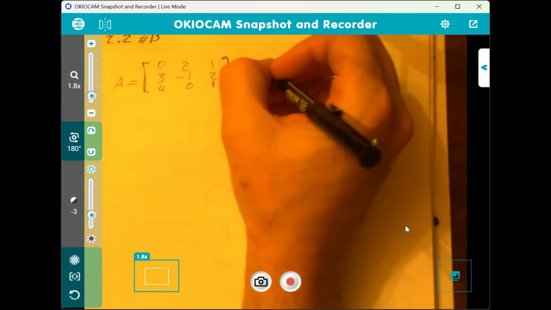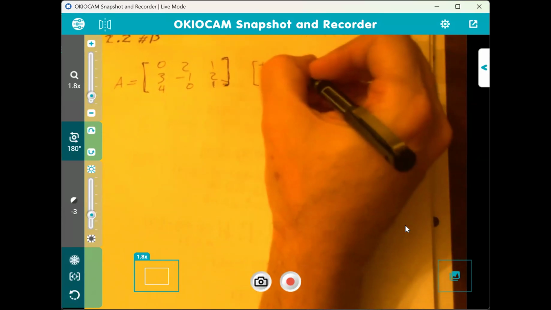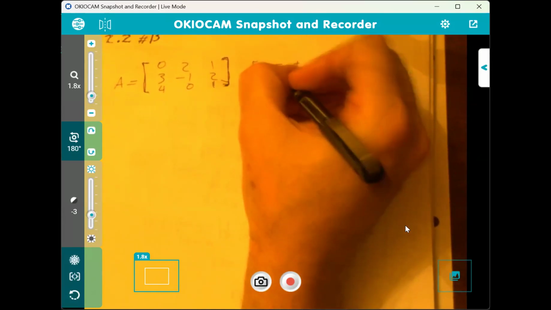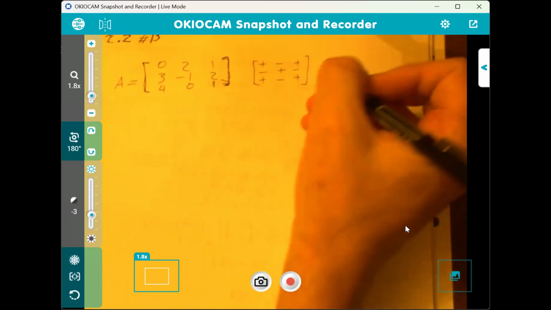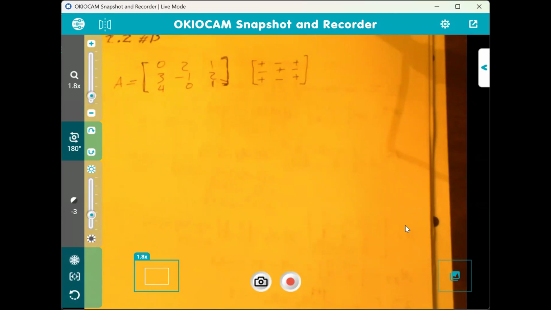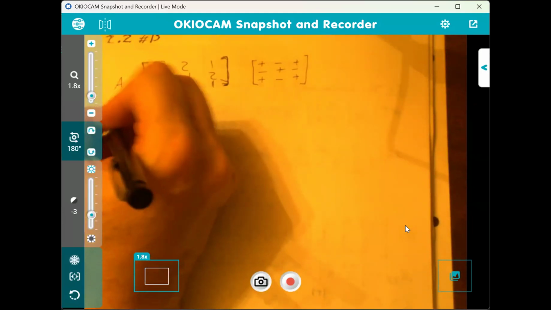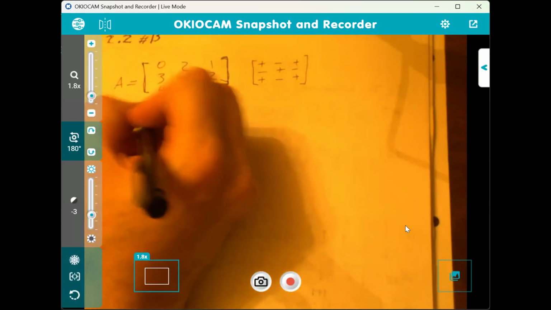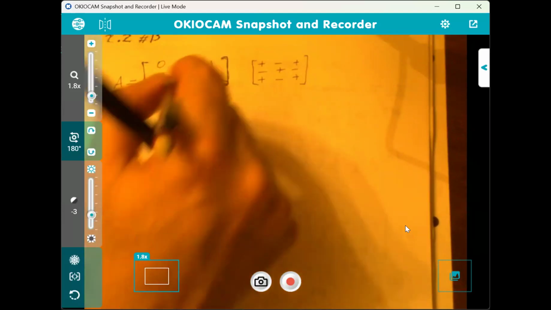Now, the signs. Remember, for 3 by 3, you start with plus, minus, plus, minus, plus, minus, plus, minus, plus. Those are the signs. Those are the IJ combinations, -1 to the IJ. So the determinant of matrix A is going to be, remember, we're expanding about the second column.